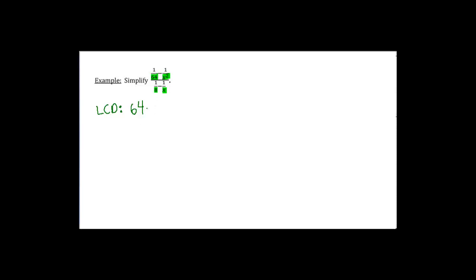And with our variables, we take the highest exponent. So what we're going to do is multiply our numerator by 64x squared. And we're going to do the same thing for our denominator, 64x squared.